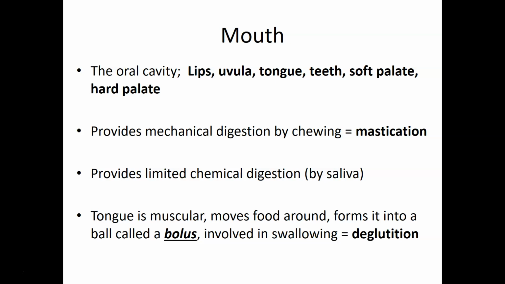So what results is the mixture called a bolus, basically a glob of wet saliva-infused food that's chewed up. And this bolus is going to start making its pathway through the alimentary canal.